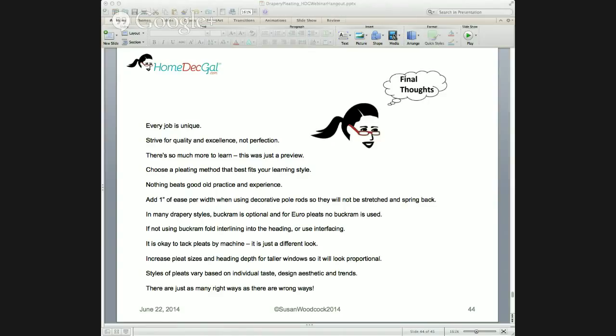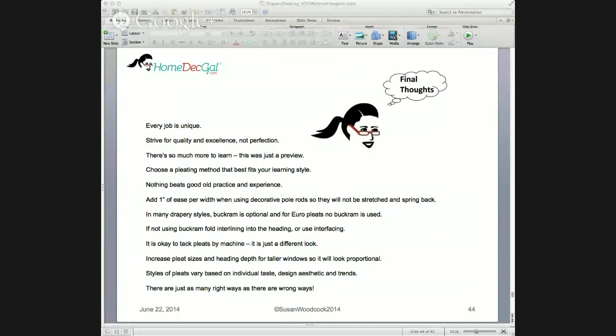Fabric is affected by temperature and humidity, and by adding bulk. When you start adding linings and inner linings, you lose fractions of an inch. So striving for excellence and superior quality and great customer service and a beautiful finish is great, but you're never going to hit that perfection, and you'll waste a lot of time trying.